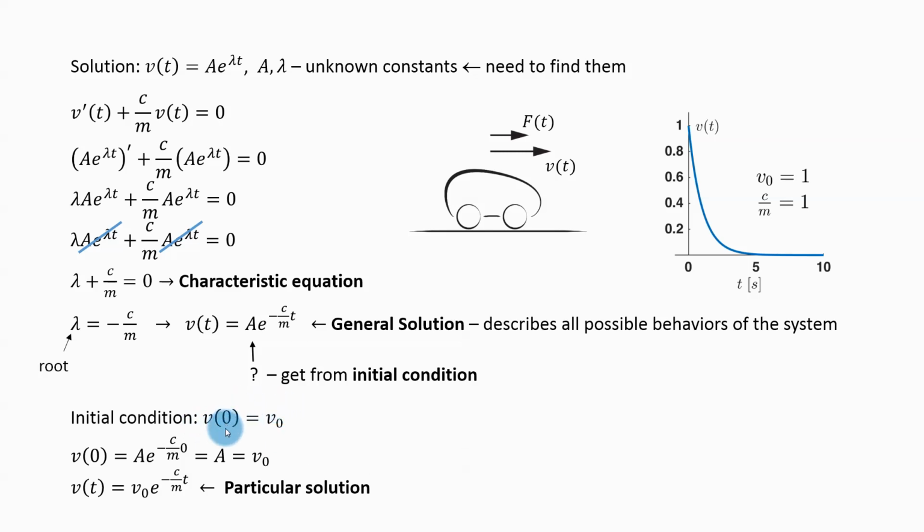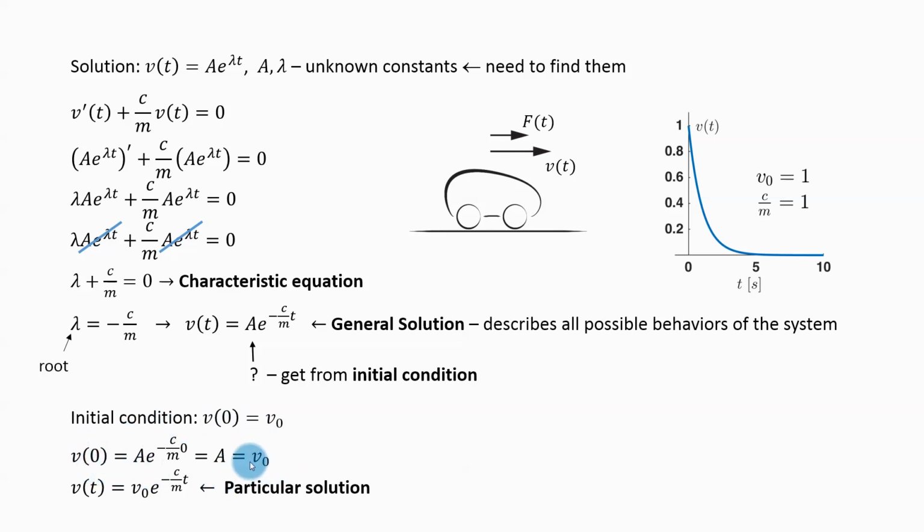I say that at time 0, my car will have the initial velocity v0. With this initial condition, I can express this general solution at time 0. I have that here. Here I can see that this exponential is 1, and I'm left with a. And from the initial condition, the velocity at time 0 should be v0.